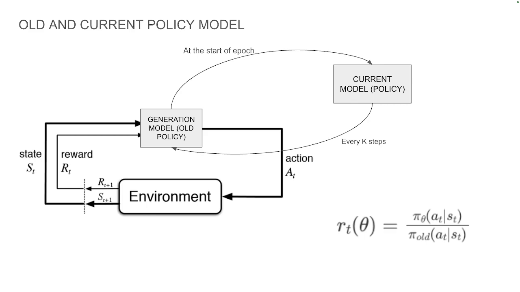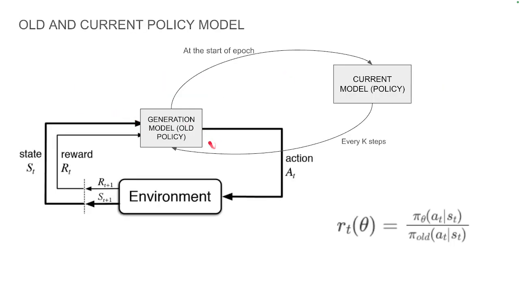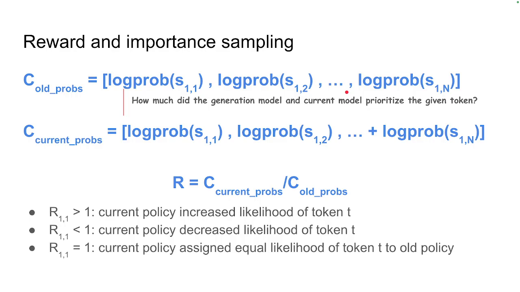And to mitigate this off-policy or stale policy, we use a concept called importance sampling. So let's say you have your old probs. By old probs, I mean the generation policy, like this model, and these are how much likelihood the model assigned to these tokens.